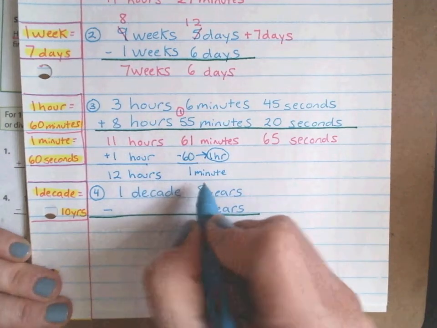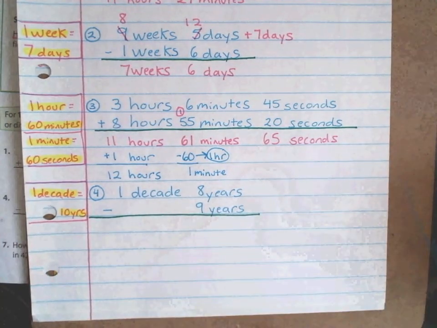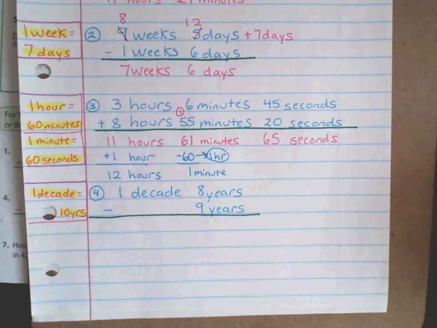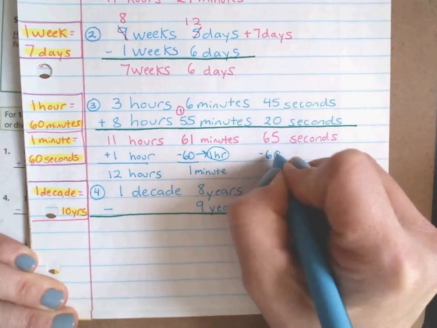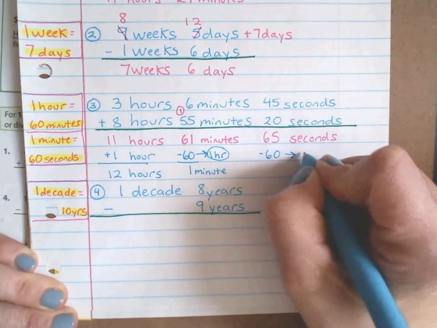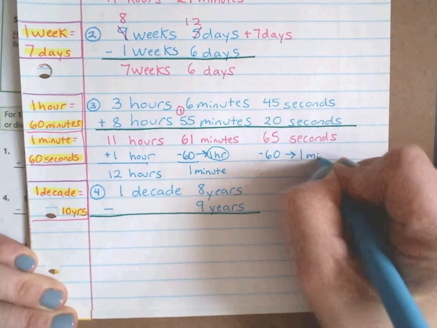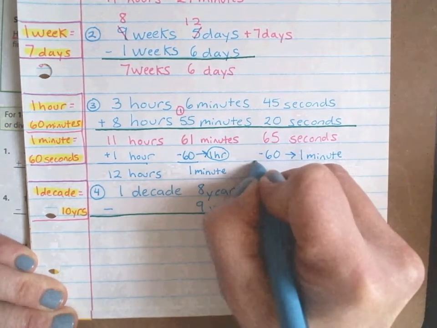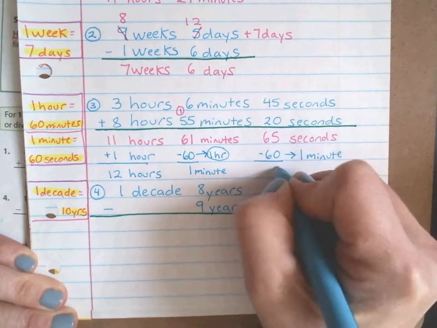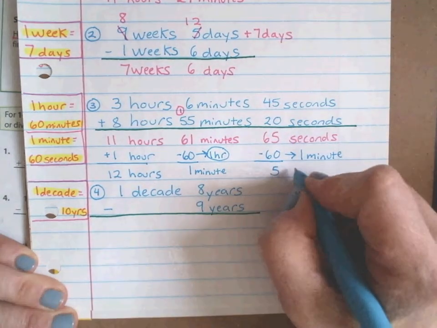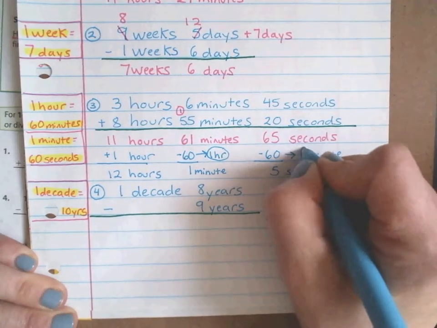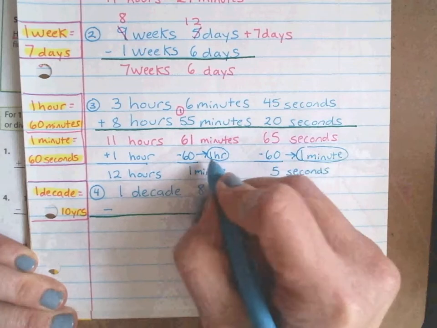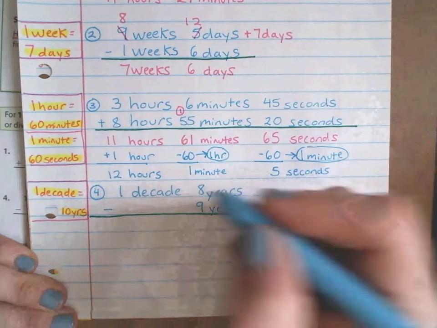hours, 1 minute, but I still have this 65 seconds. And 65 seconds is more than 1 minute. So I am going to take away 60 seconds because I can rename that as 1 minute. 5 minus 0 is 5. So I'm left with 5 seconds, but this 1 minute I need to add to the minute column.